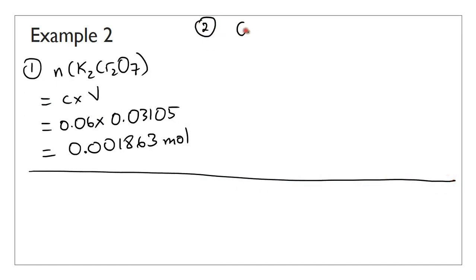So C2H5OH. Now I do recommend that when you write half equations you use the molecular formula. So instead of writing C2H5OH, I would write C2H6O, just because it makes it a lot easier to not forget a hydrogen or an oxygen when you balance everything.